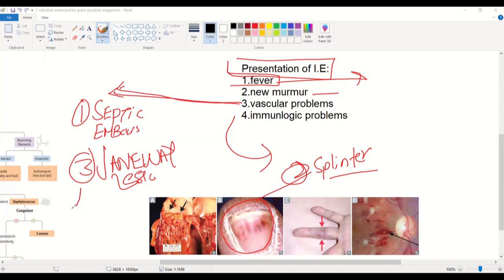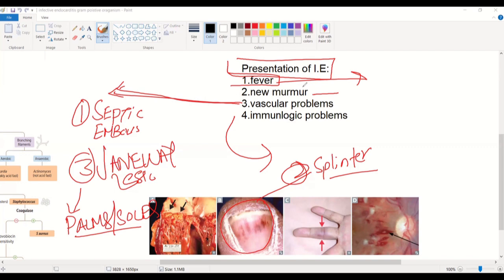Palms and soles. Are they painful or painless? They are painless. They are painless flat erythematous lesions present on the palms and soles, right?